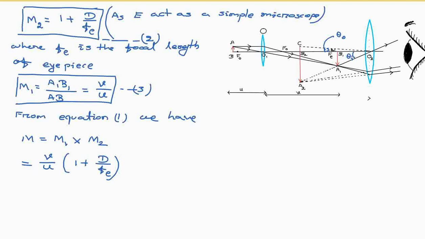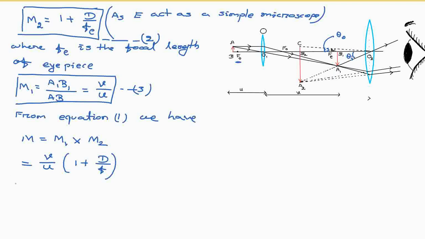So let us replace these two values. Now see, if we bring this object AB nearer to the focus FO of this objective lens, then this image A1B1 formed by this objective will move closer to that of the eyepiece.